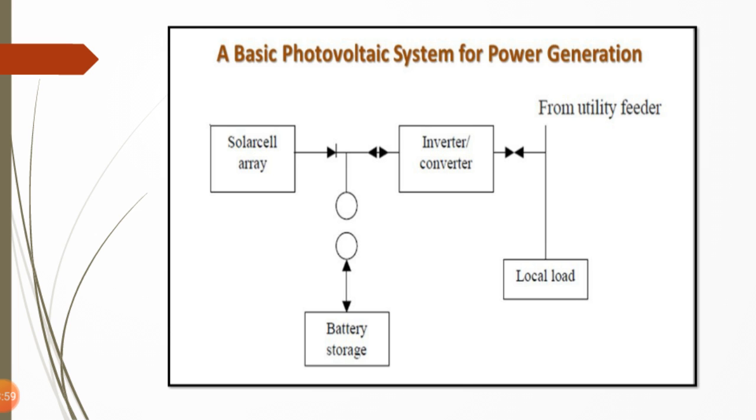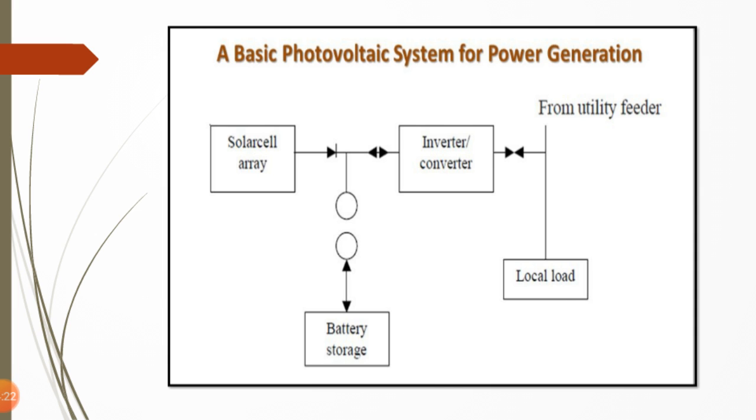So the function of the diode is only to pass the electricity generated from the solar cell to the battery or grid. But when there is no sunlight, the blocking diode prevents the discharging of the battery through the solar array. And the third one is the battery storage.